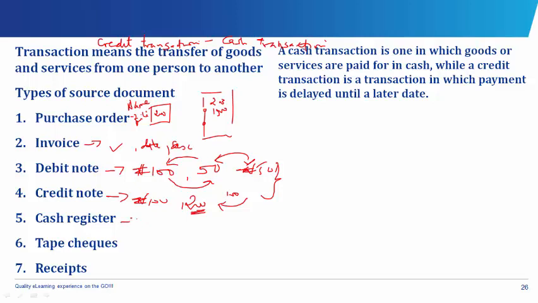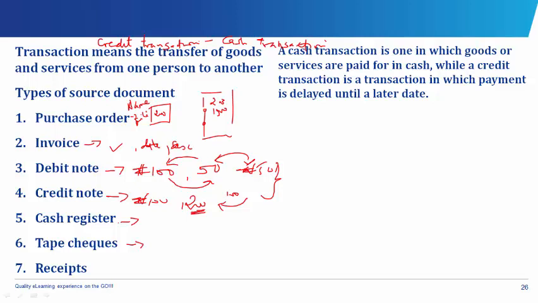Now on the other hand, the cash register, you may not readily see this because it's gradually phasing out for computers, and also tape, and some other machines used for recording transactions. Computers now do better jobs.